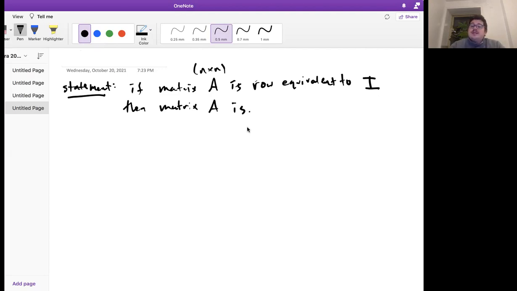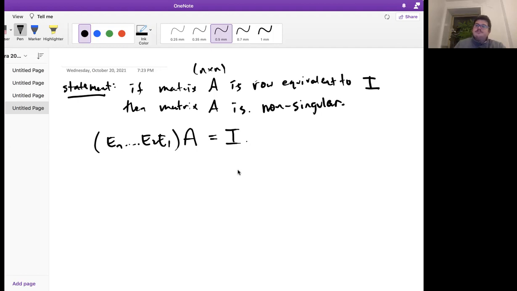What do you know about matrix A if it's row equivalent to identity? Yes, it's non-singular. So that's A times E1, E2, up to En is equal to I. Non-singular means it has an inverse.